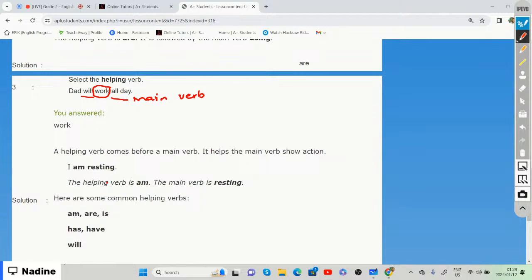So once again, we said we need to select the helping verb. So far, we've selected the helping verb within a few sentences.